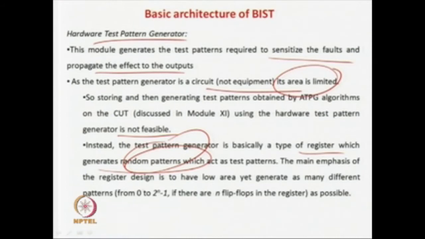And now, what is our duty? Our duty is that you can put in a seed, as we will see, to control the sequence of the random patterns. It will generate all random patterns from 0 to 2 to the power n minus 1; generally 0 is not generated, we will see why that is the case. So, like 0 0 0 0 1 up to 1 1 1 1 1, that is 2 to the power n minus 1, all patterns it will generate.